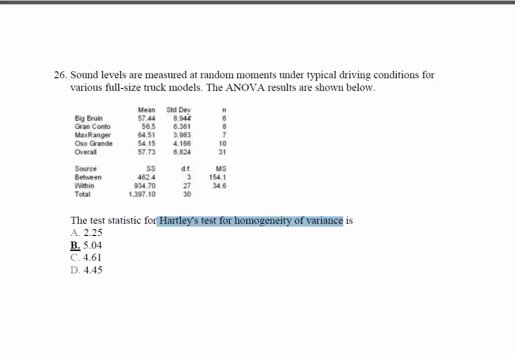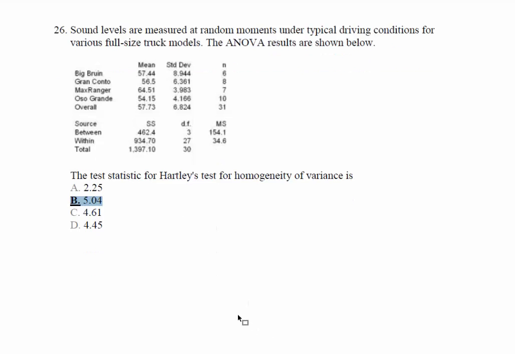How is the variance calculated? That's standard deviation squared. So the largest one, if you look at the 4 here, is 8.944. The smallest one is 3.983. So basically 8.944 squared divided by 3.983 squared will give you the Hartley's test answer. If you carry out the calculation, you get 5.04. But again, this is not required for your test.